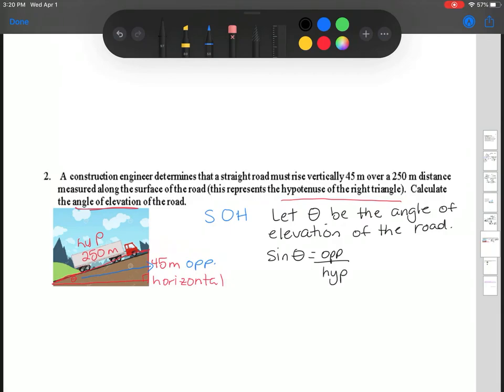So sine theta is opposite over hypotenuse. We don't know the angle. We just said that was the unknown. So opposite is 45 and hypotenuse is 250.